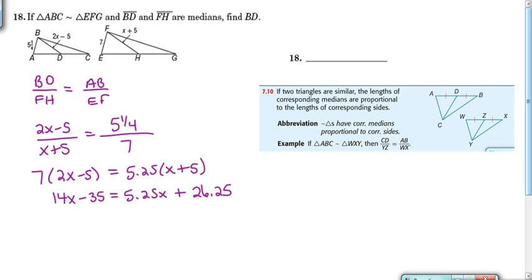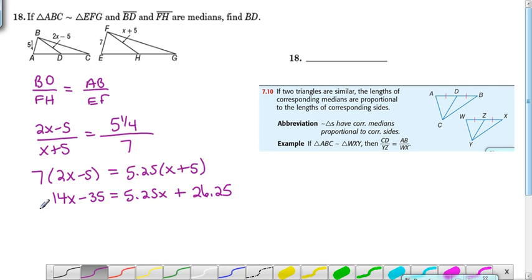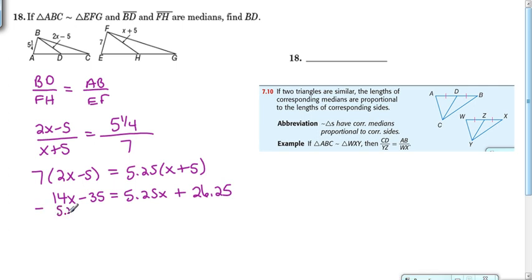So then I'm going to subtract 5.25x on each side. And I'm going to add 35 on each side. So this would be 8.75x equals 61.25.